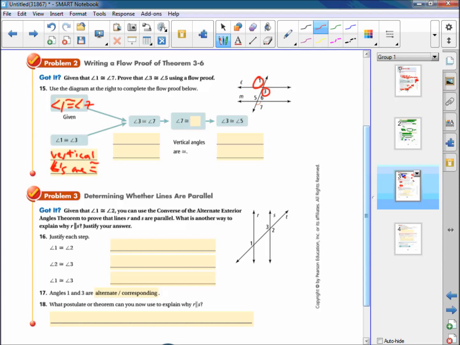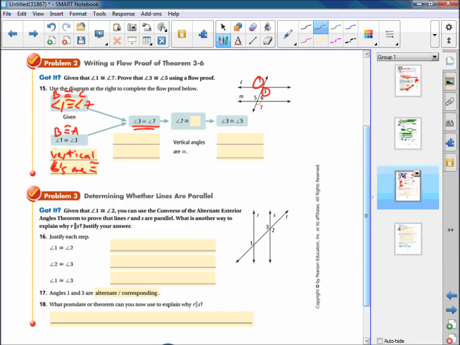Okay. And then we say 3 and 7 are the same. Now, you'll see this written two different ways sometimes, transitive property or substitution. Transitive property, if we read it backwards, so A is congruent to B, B is congruent to C, so A and C must be the same. That's where 3 and 7 match up. Or you can just say, hey, we're substituting in here.